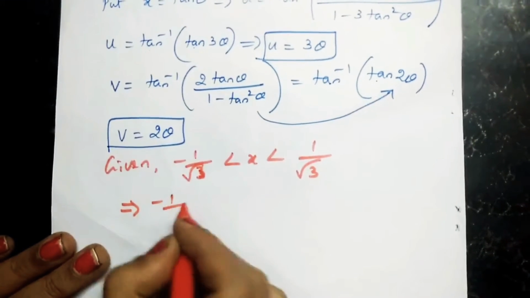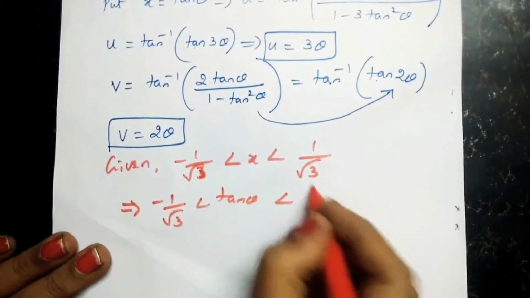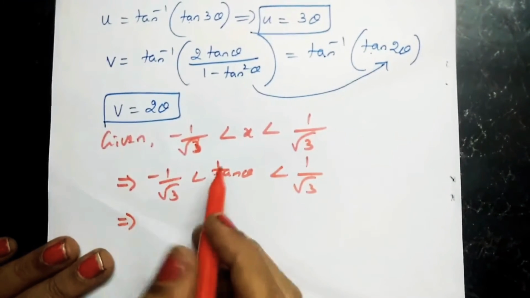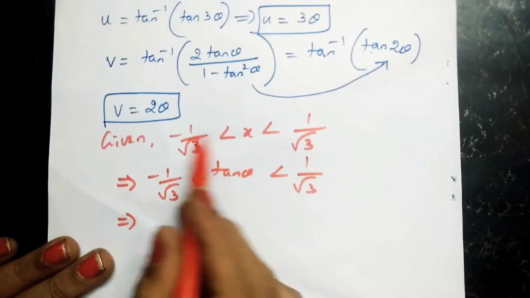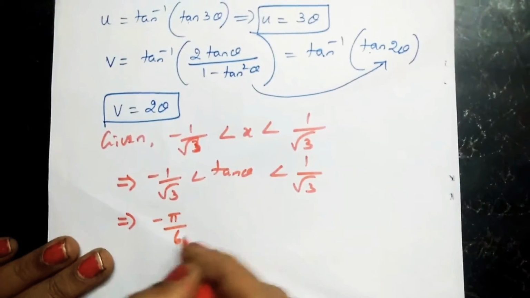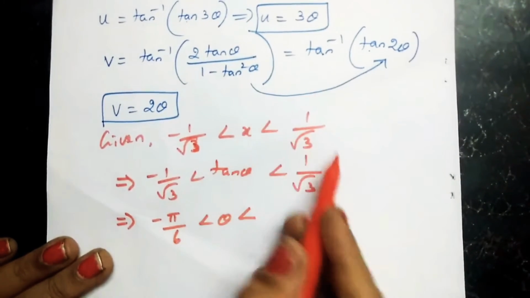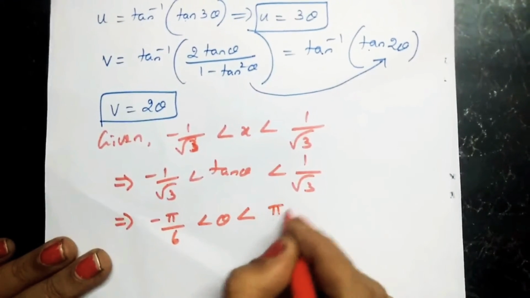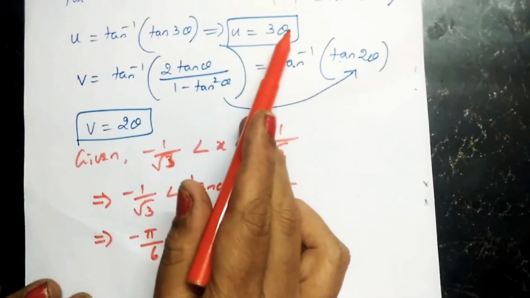Instead of x, substitute: minus 1 by root 3 less than tan theta less than plus 1 by root 3. This implies, bringing tan to that side, tan inverse of minus 1 by root 3, that value is minus pi by 6 less than theta, and tan inverse of plus 1 by root 3, that value is plus pi by 6.